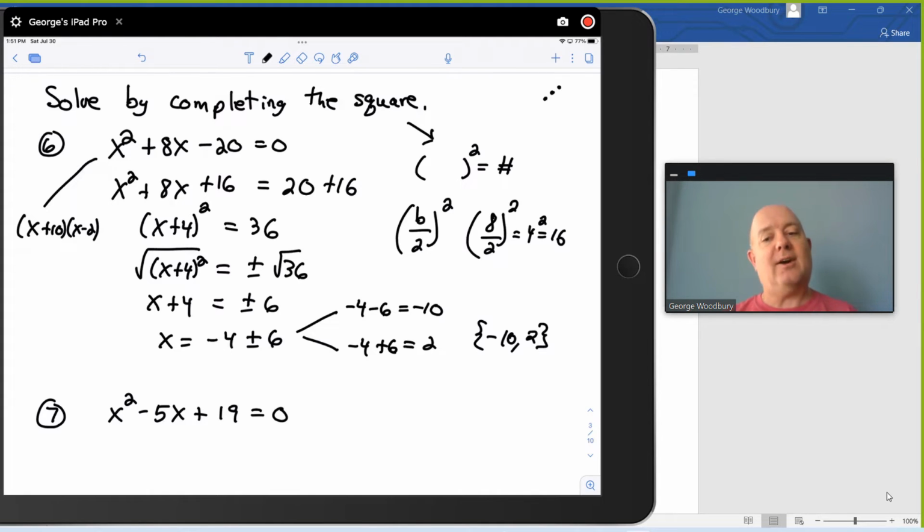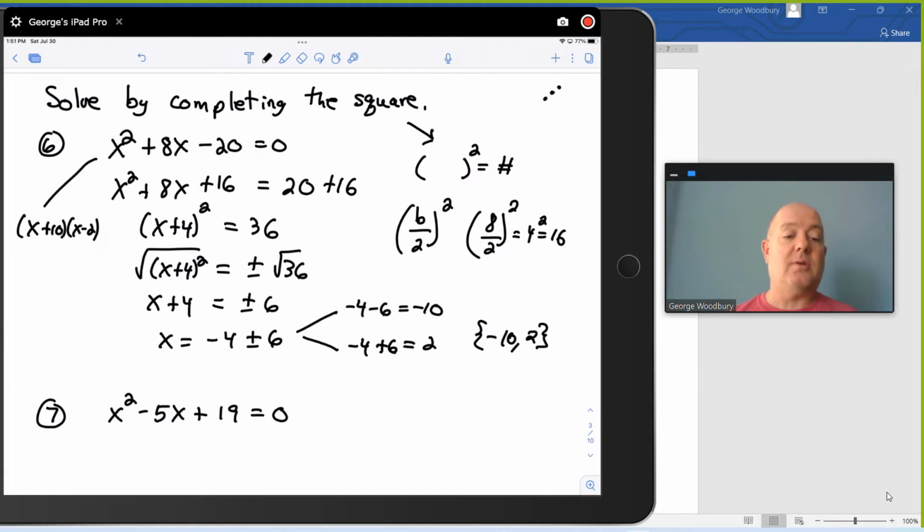So factor first is still a great strategy, but if not, completing the square works. It works best when you have a first term that's x squared, and the coefficient of your x term is even. So when we divide by 2, we don't have to deal with any fractions. Now we're going to run into a couple of examples where it's not so ideal. We'll see how that goes.